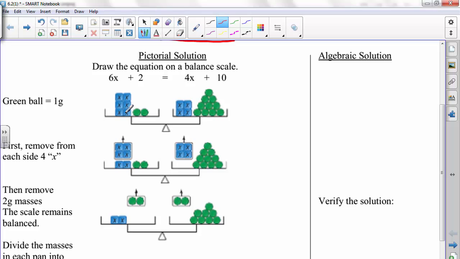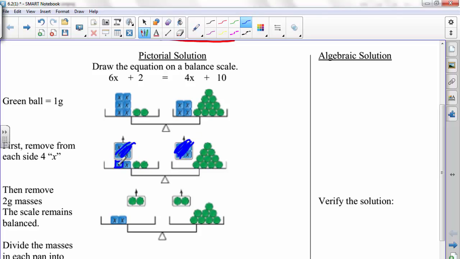If I want to solve for the value of 1x, my goal is to leave 1 blue box at the end. I can remove 4 blue boxes from each side, which means I need to remove 4x from each side. So those disappeared.